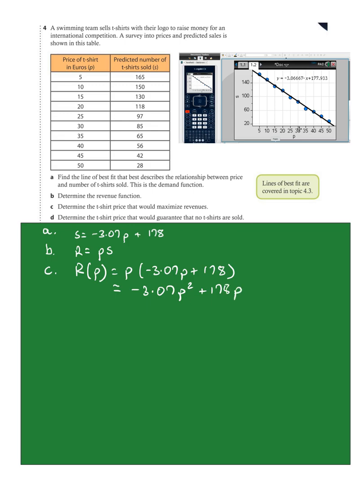Now you can do this one of either 2 ways. You could just find the vertex point for P, which was minus b on 2a, so minus 178 divided by that number times 2 there. Or you could find the roots of this and just take the midpoint.